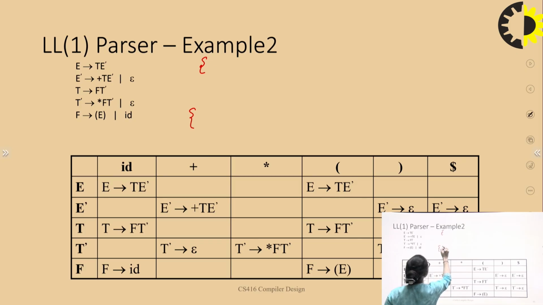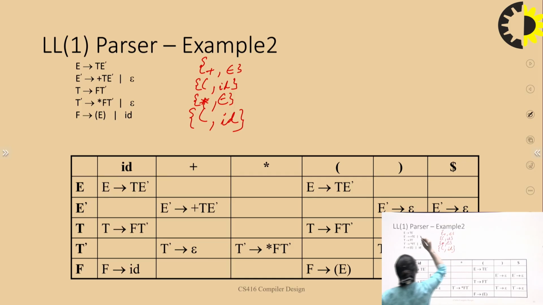The first of this equation is open bracket and ID, and the second one is asterisk and epsilon, and the third one for F is again dollar, open bracket and ID, plus and epsilon, and the first of T is open bracket and ID. This is the first of these productions.